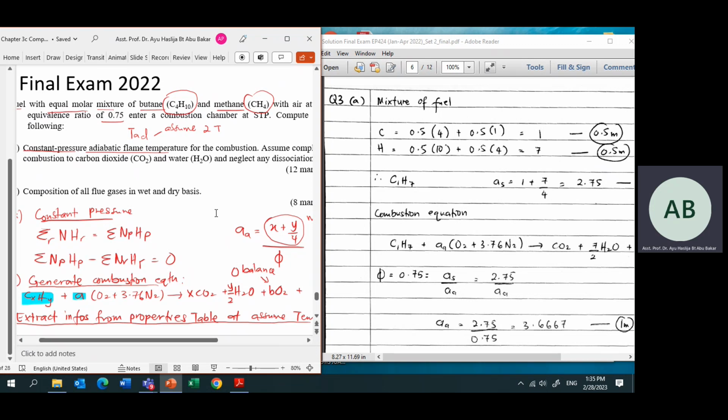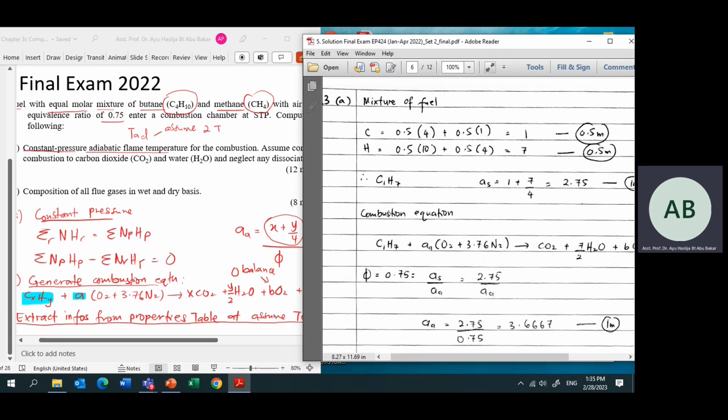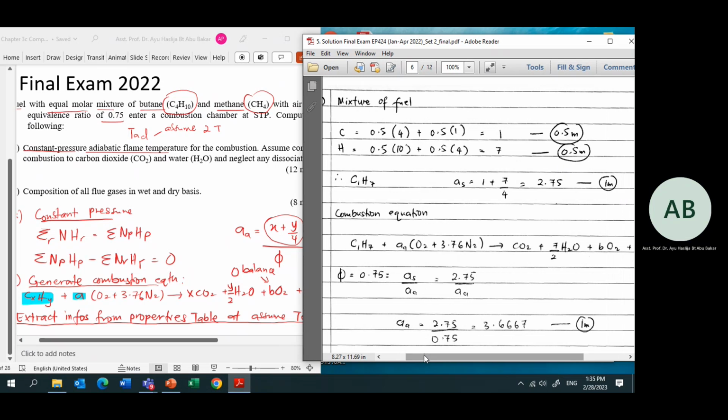Yeah, I'll share with you the solution for this. Chemical formula for the combined fuel. Okay, once you calculate, you will get this chemical formula. Once you combine them, this chemical formula is the one that you will use for the combustion equation.